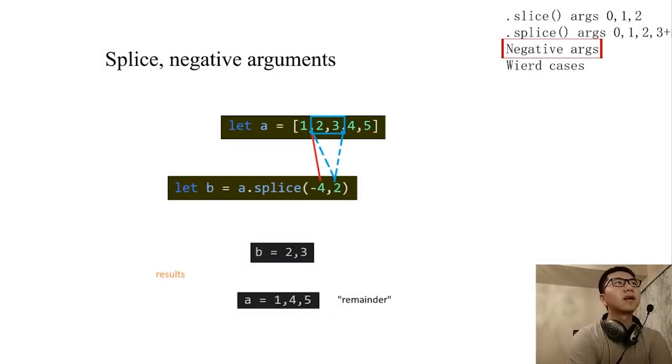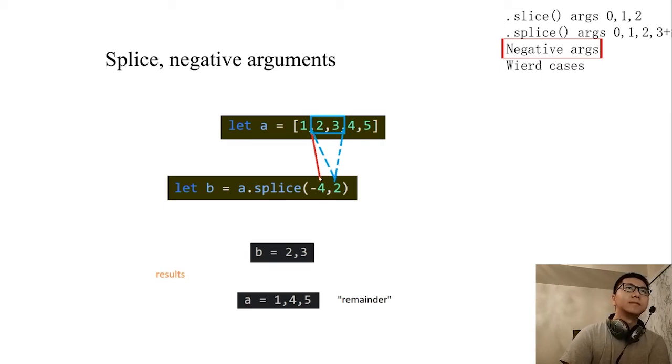Okay, so let's look at a splice case now. If there are negative arguments, like for example this -4 here, again we can do the same thing. Count backwards, 0, 1, 2, 3, and -4 here.